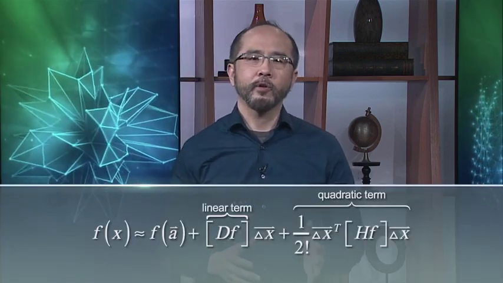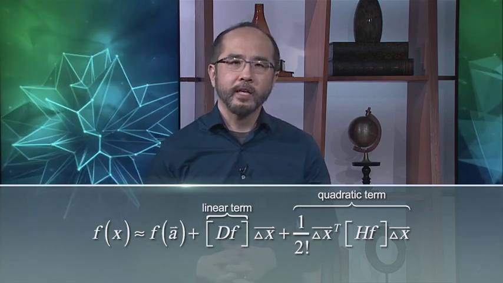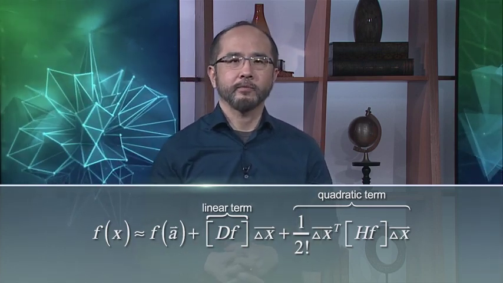We can learn a lot from looking at the Taylor polynomial. In particular, we can see how to find maxima and minima. In fact, let's derive the first and second derivative tests for multivariable functions. Glancing at our Taylor polynomial, we know maxima and minima cannot occur if df is not the zero vector.